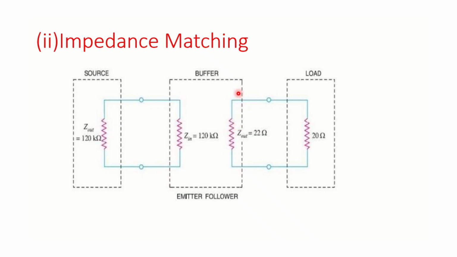By including this emitter follower circuit as a buffer, the advantage is that maximum power may be transferred from source to load. If you connect the source and load directly without this emitter follower, due to such a big difference in the impedances of source and load, maximum power cannot be transferred.